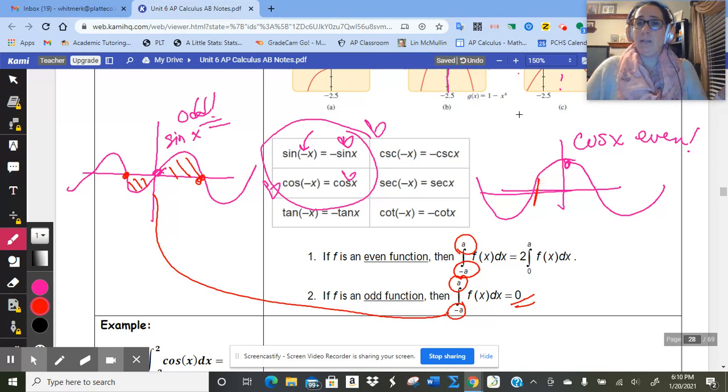When you have an even and you're going from negative a to a, some value to its opposite, this area just gets doubled. So you could choose just to double the area from 0 to a, or you could double it from negative a to 0 if that's what you prefer. So these are really great things for even and odd when we are dealing with integration of the functions.